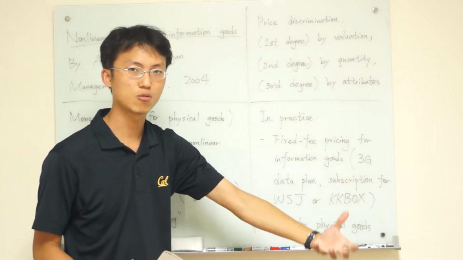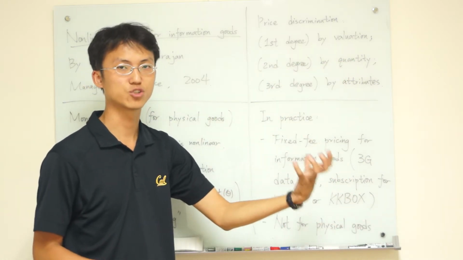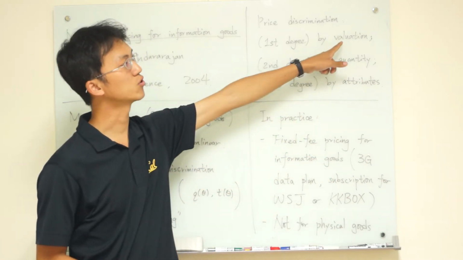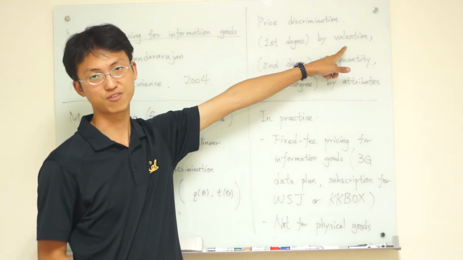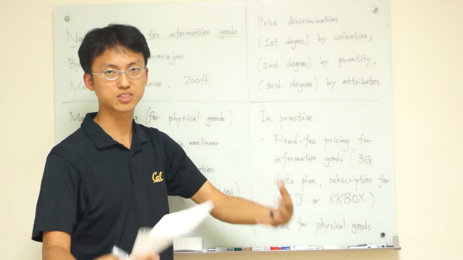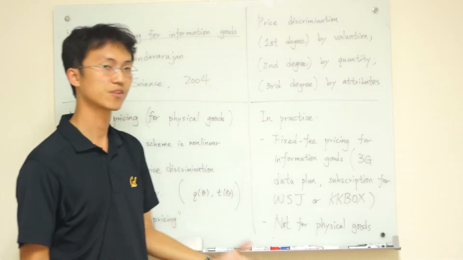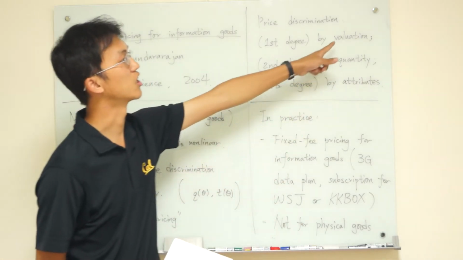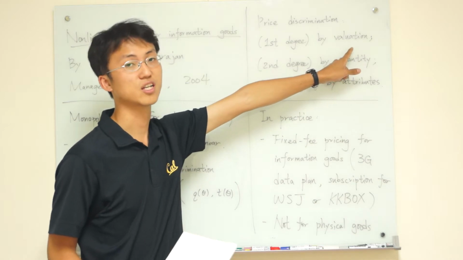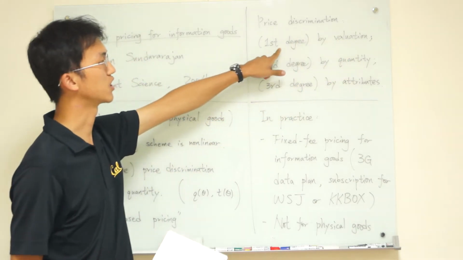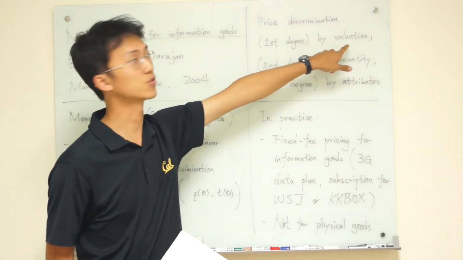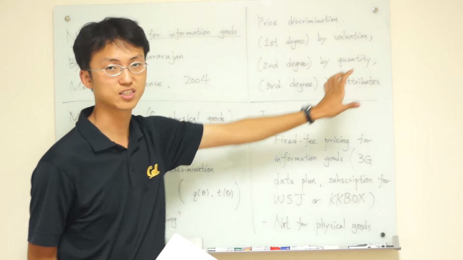If you can see how much they want to pay for each unit of product, you're going to charge them according to their valuation. Okay, you're going to set different prices for different consumers according to their valuation. If that's possible, we say you are doing a first-degree price discrimination.